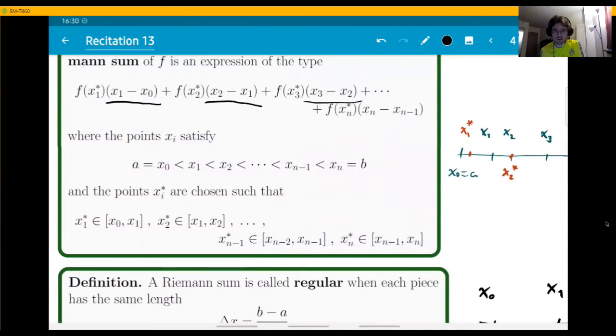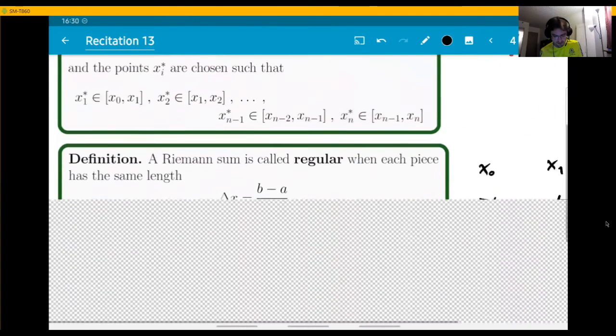Those are the lengths of the subintervals. If it's regular, all of those are going to be the same. They're just going to be your delta x. So when you're calculating this sum, you can factor all of those delta x's. We're going to see that.